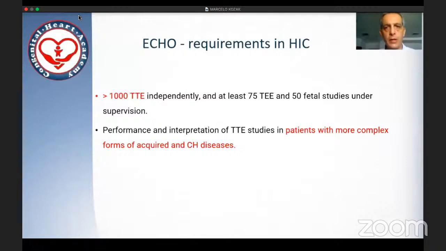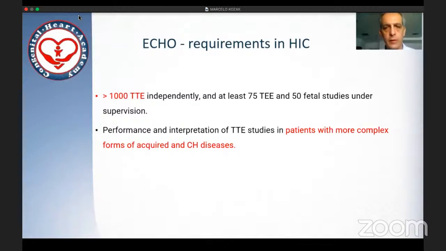The echo requirements in high-income countries demand that a person needs to have more than 1,000 echoes done, 75 transesophageal exams and 50 fetal studies to obtain the certificate to practice pediatric echo in Europe and in North America.